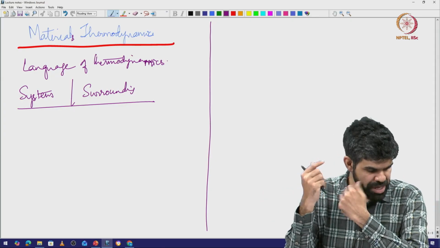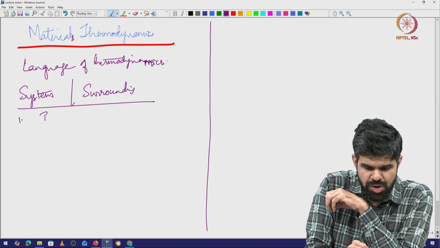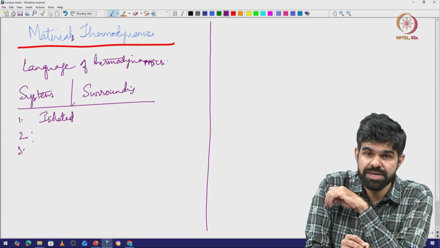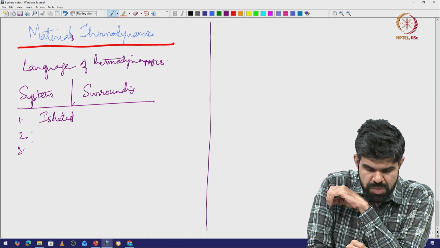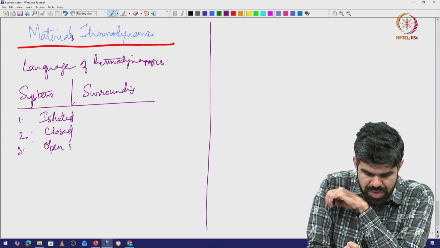So for example, first let us classify it and then let us look at some examples. There are three different types of systems: one called an isolated system, one called a closed system, and the third one is an open system.